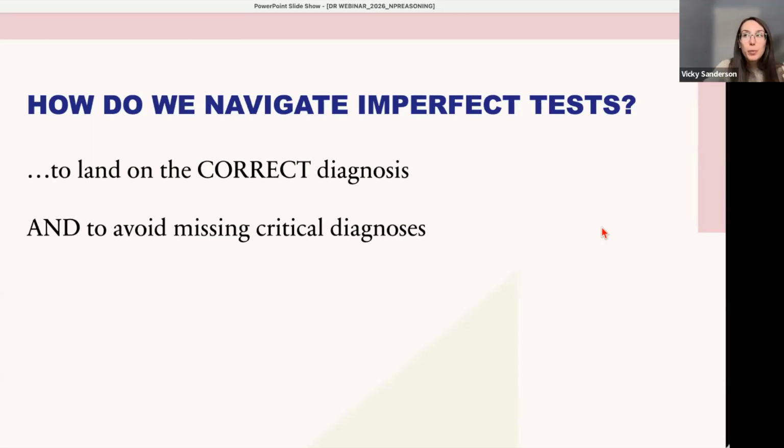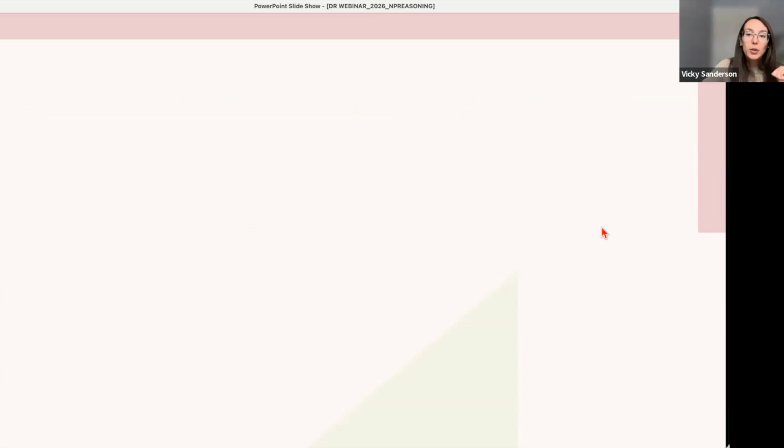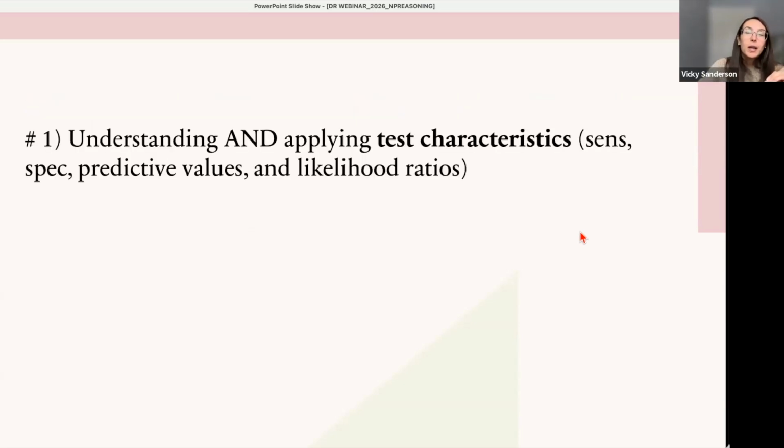So some three key or core concepts to think of: it takes a lot of time and effort and re-exposure, but it's really important to actually understand and apply our core testing characteristics, right? Our sensitivity, our specificity of tests, our positive and negative predictive values, and our positive and negative likelihood ratios.